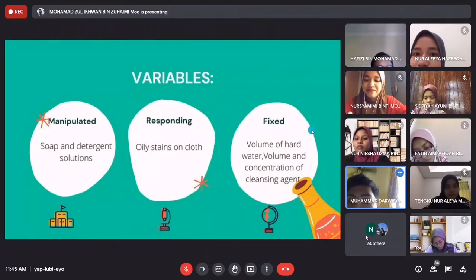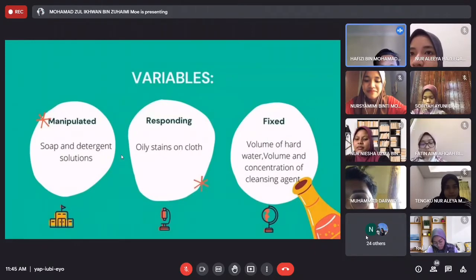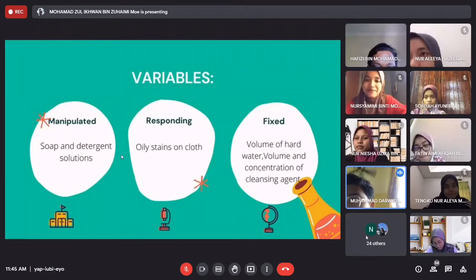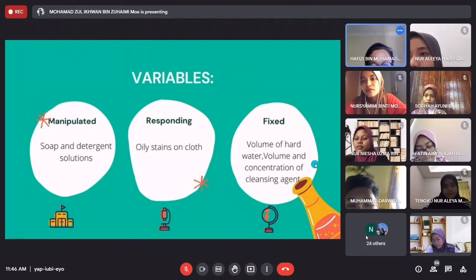Variables. For the manipulated variable, soap and detergent solutions. Okay, nanti awak potong solution tu, soap and detergent saja. Responding tu awak tulis the effectiveness of soap and detergent. Fixed variables: volume of hard water, volume and concentration of cleansing agent. Okay.